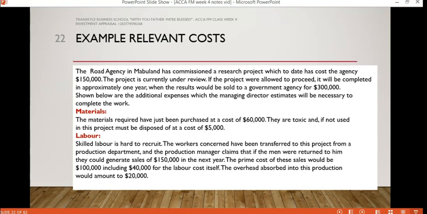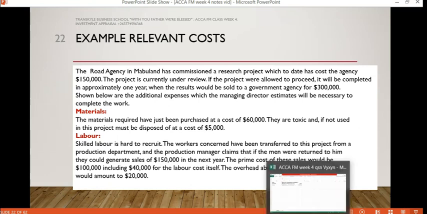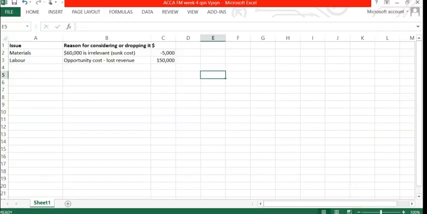Because these guys are no longer at the production department, those materials, the difference, that is 100,000 minus 40,000, that is 60,000. Those materials are not going to be incurred as long as these guys are not in production. So our opportunity cost is going to be reduced because we are going to have a cost saving. We are going to save on those materials because we are not going to do any production.